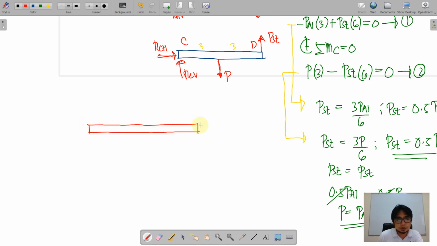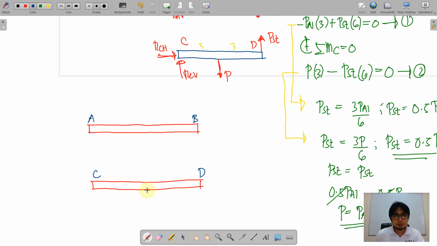If this is AB and this is our CD, with points A, B, C, and D, you imagine what will be the scenario if I pull this down. Let us assume that all of the bars are still rigid.